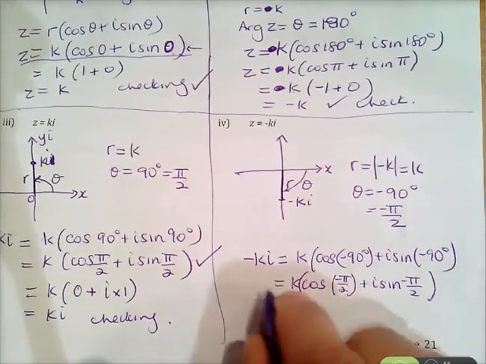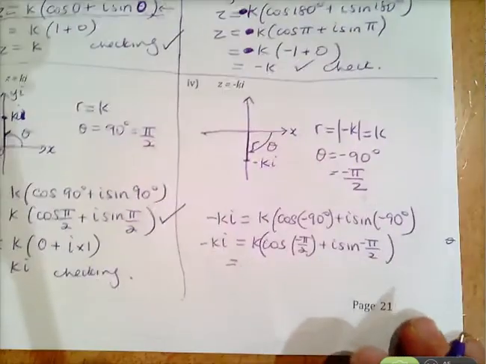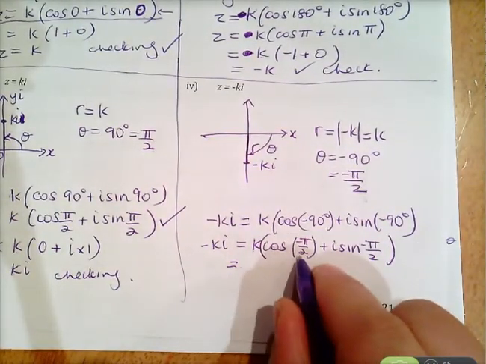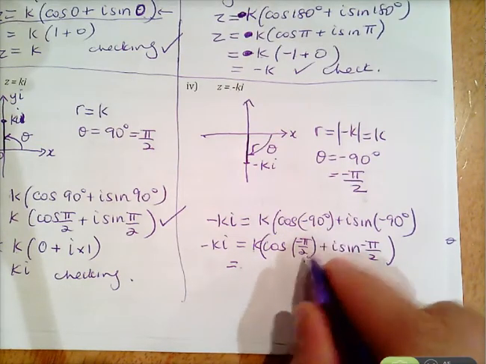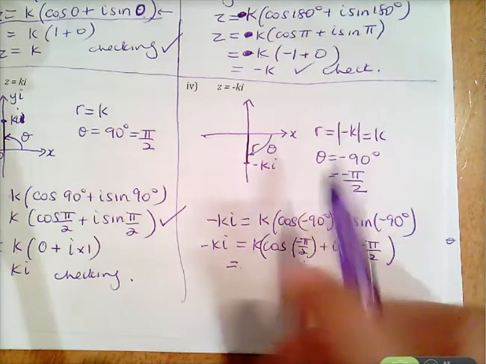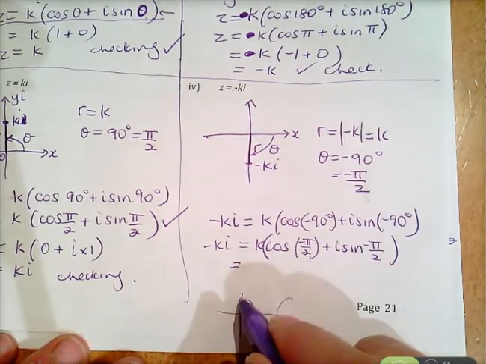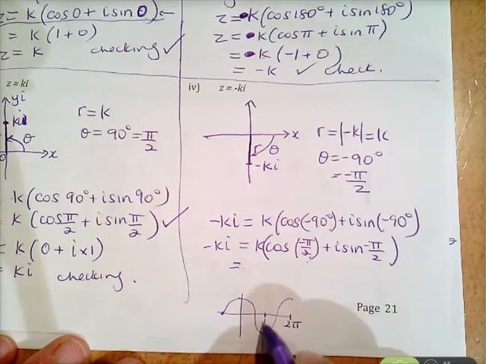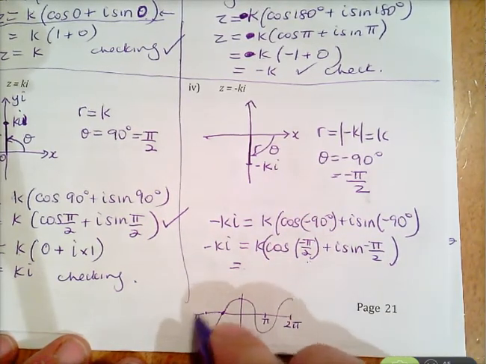Now, what we can do here is, actually, I'll just leave it like that. So cos of -90, you can just do that on your calculator, or if you look at the cos curve, -90 is back here, because see, this is 2 pi or 360, and that's pi, and this is -pi.